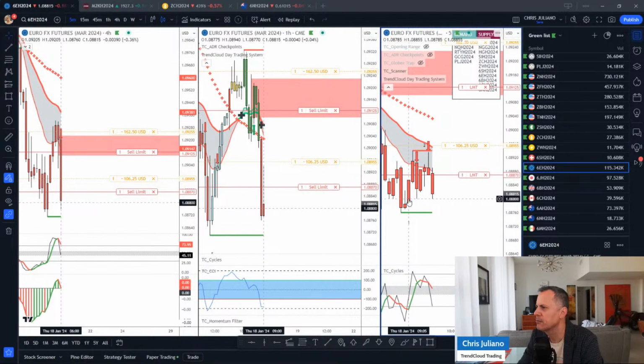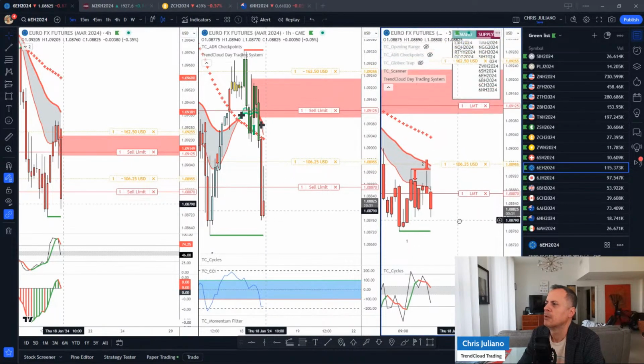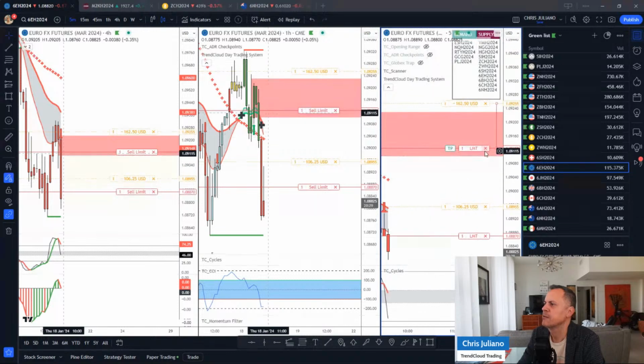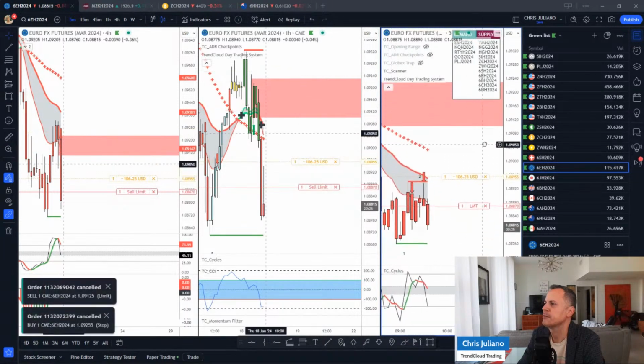The euro is just about to cross below that second signal, on that very first TrendCloud signal there. Okay, we can get rid of this because it looks like it's taken off.